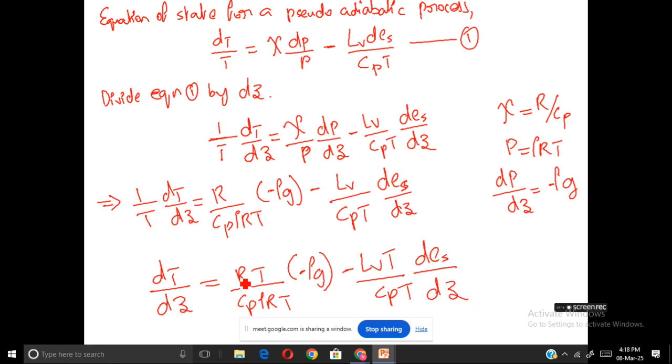Now a lot of terms are common. So R will go, T will go, rho will go.